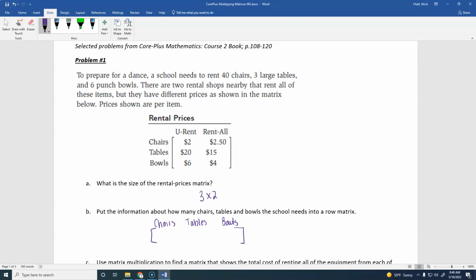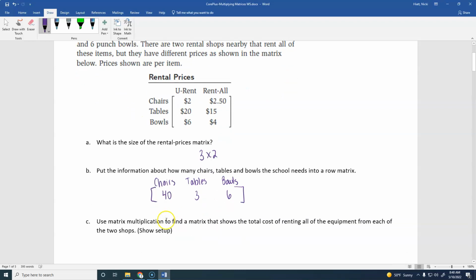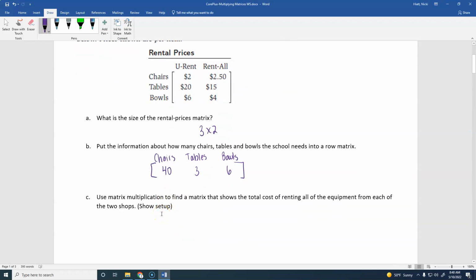And so they need 40 chairs, 3 tables, and 6 punch bowls. And so this, I didn't ask for it, but this is a 1 by 3 matrix here.